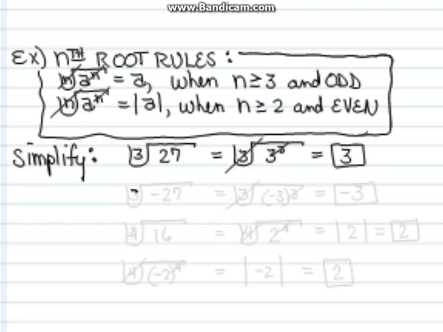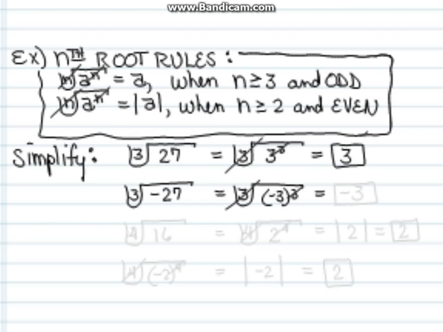Let's do the next example, the cube root of negative 27. Okay, cube root of negative 27 can be written as the cube root of base negative 3 in parentheses raised to the third power. It's true that negative 3 to the third power gives you negative 27, so it's legal to write it this way. Now we get a cancellation of the third power and the third root, and that leaves a negative 3.